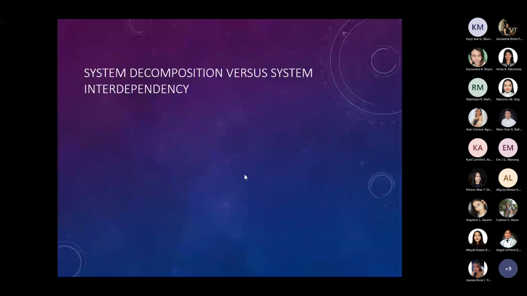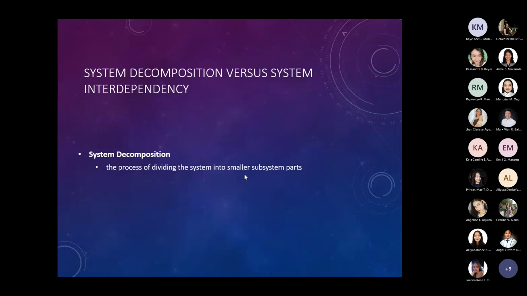Ito naman, system decomposition versus system interdependency. Decomposition is the process of dividing the system into smaller subsystem parts, such as yung accounting system. Malawak kasi yung accounting system, talagang hahati-hatiin mo yan.